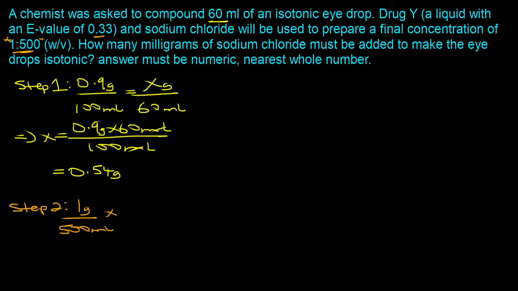We multiply this by the volume of the preparation, which is 60 milliliters, so times 60 milliliters. This will give a value in grams, and then we'll multiply this value by the E value, which is 0.33, and this will give us the equivalent amount of sodium chloride, which will give the same osmotic pressure as the quantity of grams that was determined here. So if you go ahead and actually do that, the value that we end up with is 0.0396 grams.